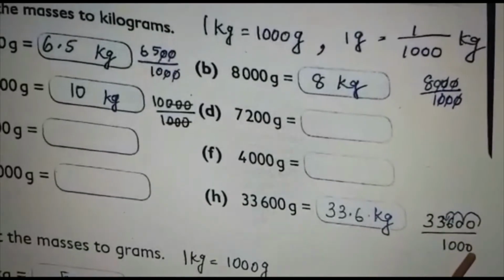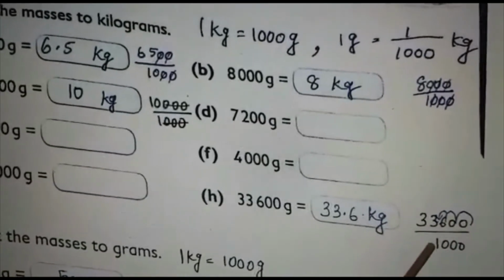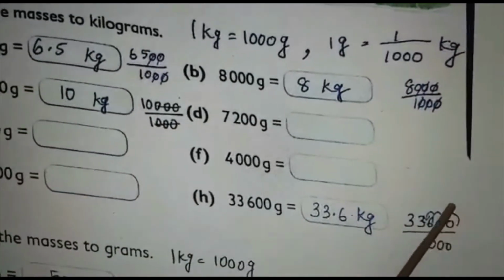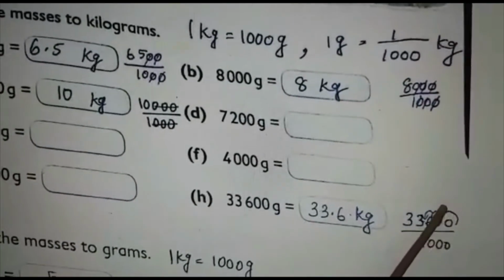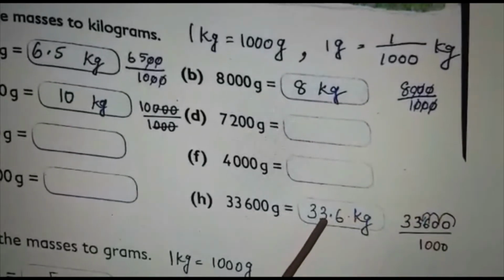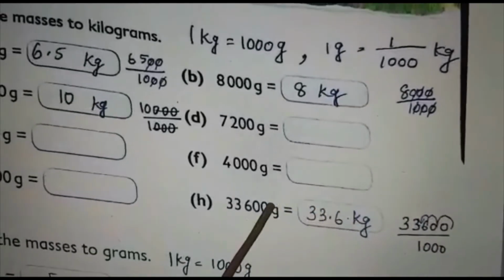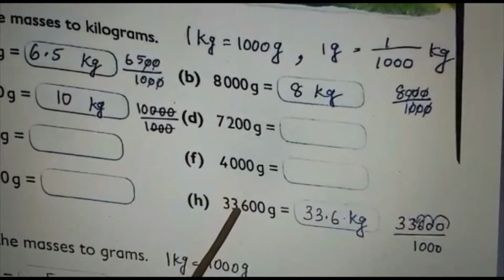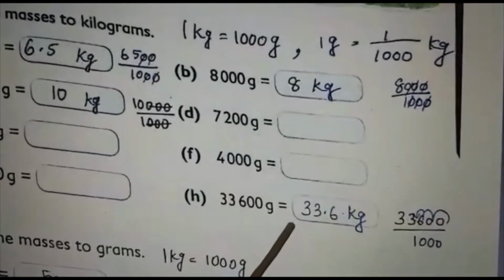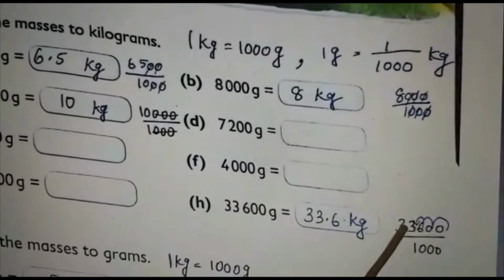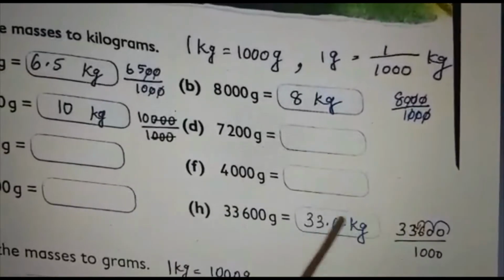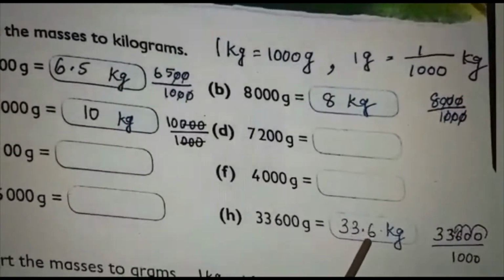If we cancel 2 zeros, it becomes 336 divided by 10, so only 1 place. Or else, 3 zeros here, so from here you move 1, 2, 3 places. So in front of 6, we put the decimal. Whatever it is, the answer will be 33.6.